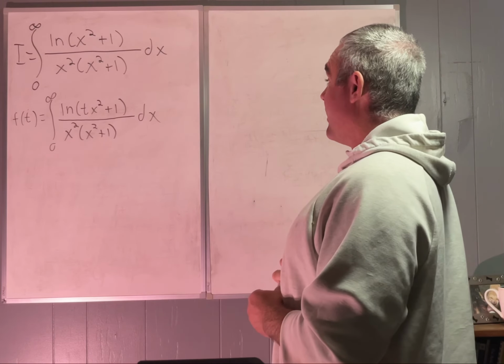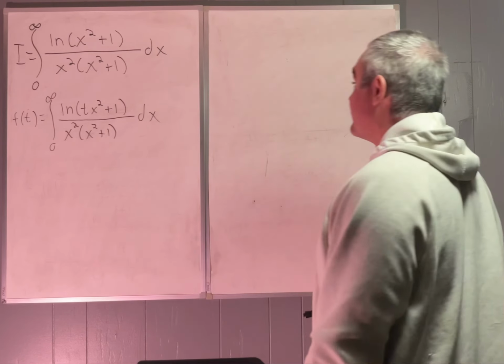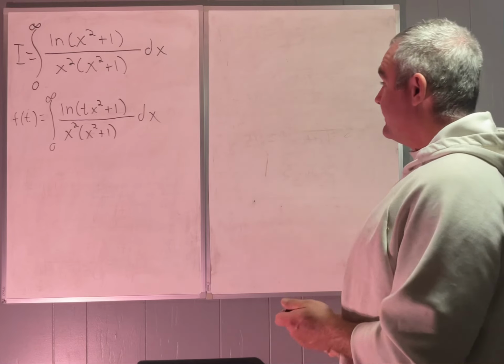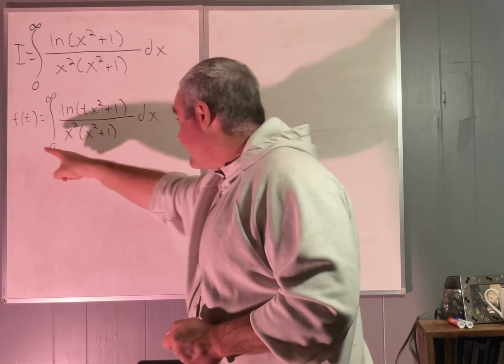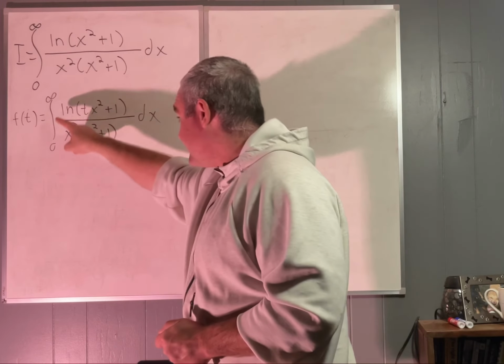Next step, like always, is we are going to use the Leibniz rule for differentiation under the integral sign to take a derivative of this function of t by taking a partial with respect to t of the integrand.